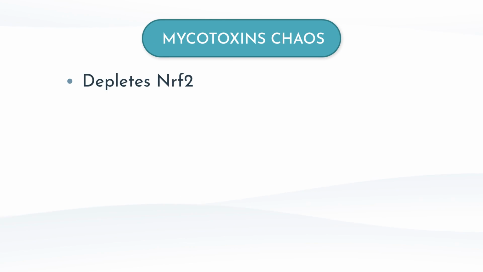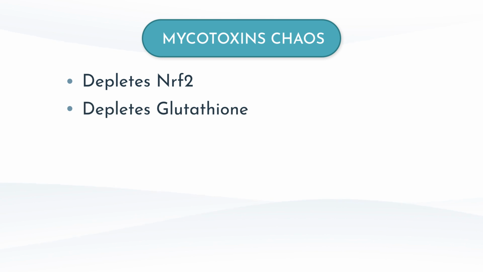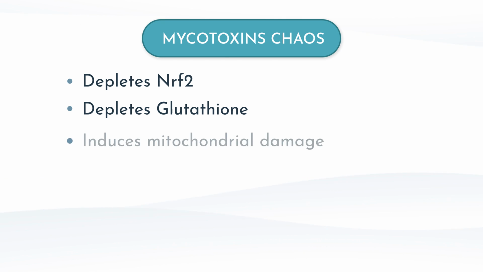So as we can see, chronic exposure or intense exposure to mold and mycotoxins is capable of creating a lot of dysfunction and chaos throughout our body. It does so through various proposed mechanisms, including depletion of NRF2, which controls an array of antioxidant responses in our body, depletion of glutathione, one of our very most protective antioxidants capable of repairing cell damage throughout the body, induction of mitochondrial damage.